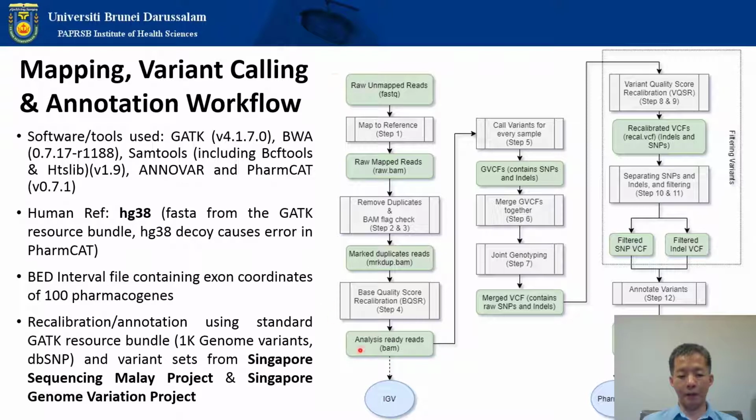BWA was used to initially do the mapping of the NGS reads to the reference genome, and then we do the GATK variant calling, and from time to time we use SAMtools to manipulate the BAM files if necessary. Once we get the final VCF files, these are then fed into FunCat for the annotations of the pharmacogenes, and then ANNOVAR for the others, well, actually for all the genes as well.